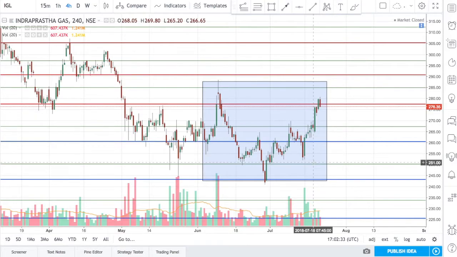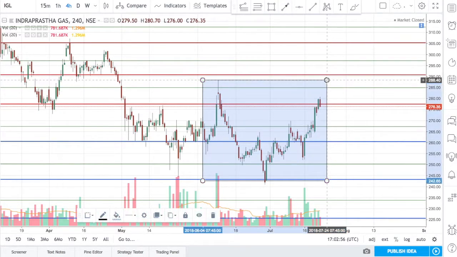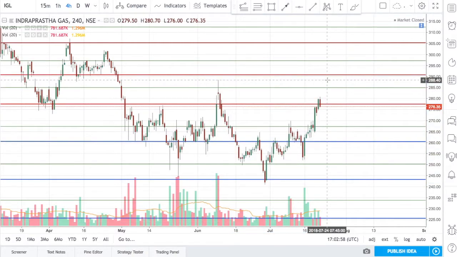As we have mentioned before, consolidations in a chart are where we get advanced patterns. In the case of Indraprastha Gas, we have a possible bad pattern forming in this counter. Let me show you how a possible bad pattern looks in IGL.